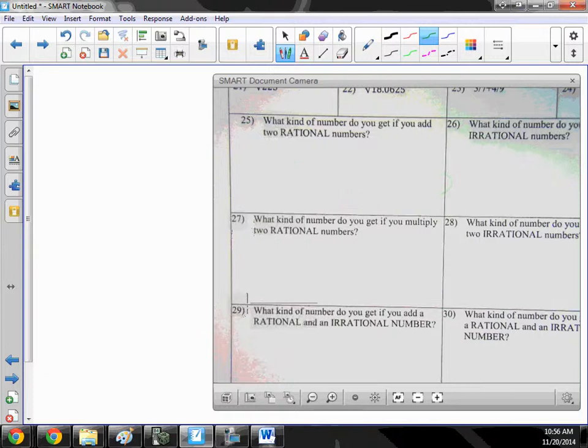Now, if I take a fraction and I multiply it by a fraction, am I guaranteed to get a fraction? Yeah. A fraction times a fraction is always a fraction. So this one would be rational. If I take an irrational number and multiply it by an irrational number, do I always get an irrational number? Well, certainly pi times pi is pi squared, which is irrational. So you can get irrational.